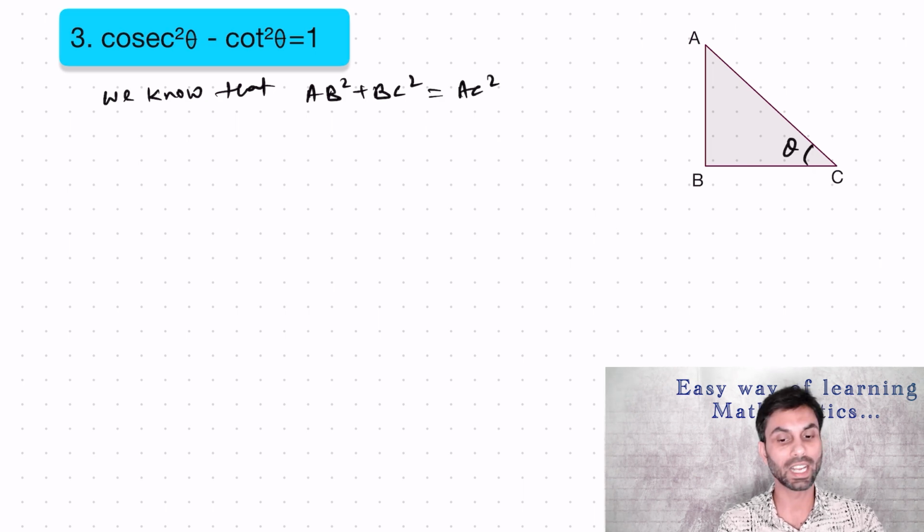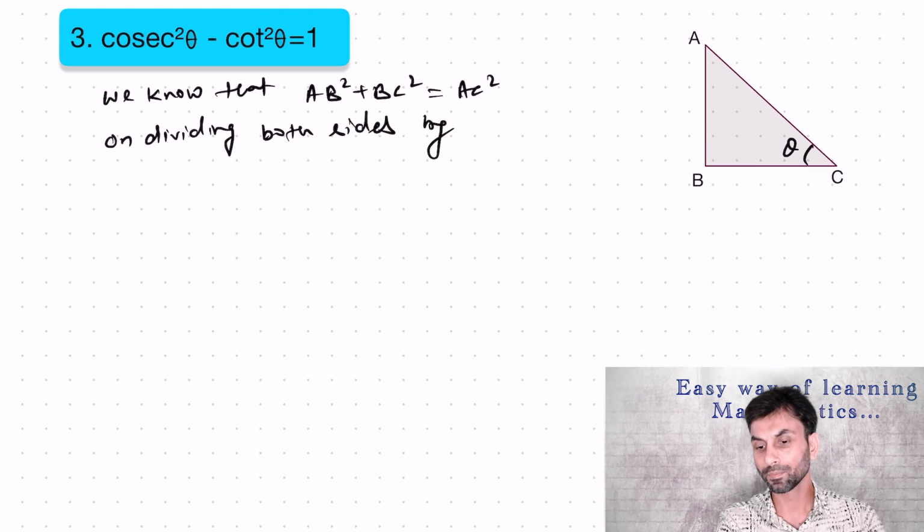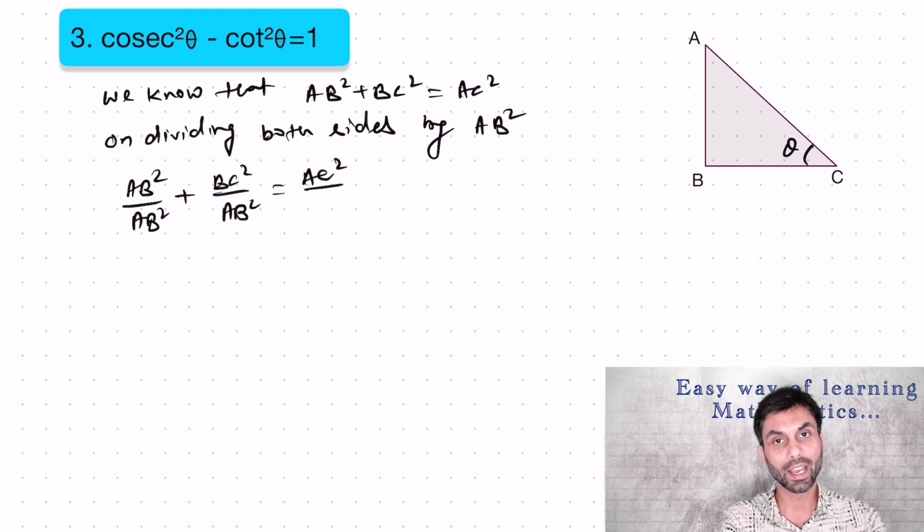We'll take angle C as theta, and on dividing both sides by AB square, what we get is AB square upon AB square plus BC square upon AB square, which will be equals to AC square upon AB square.